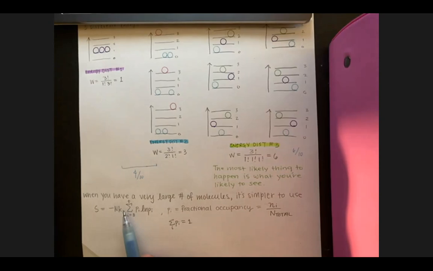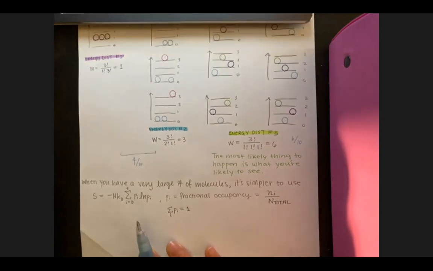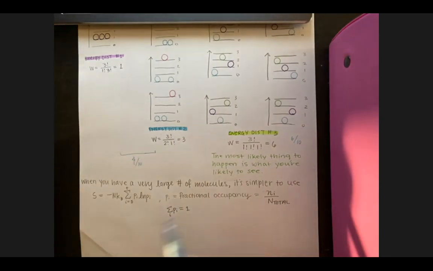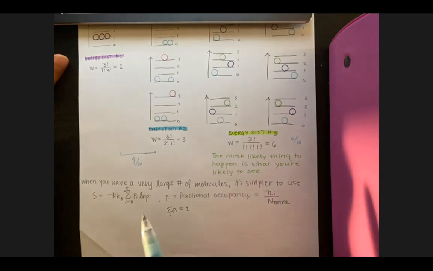So all you need to know is your total number of molecules, and then you need to know the fractional occupancy, which is the number of molecules in each energy level divided by the total, and the probabilities all have to equal 1. So yeah, when you can use this equation, it gets a lot easier to calculate, so you don't have to go through this calculation with a lot of large numbers.